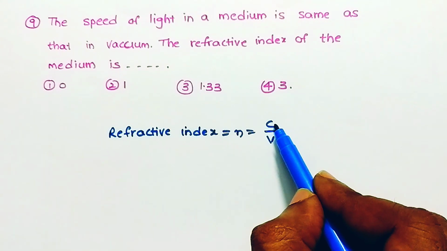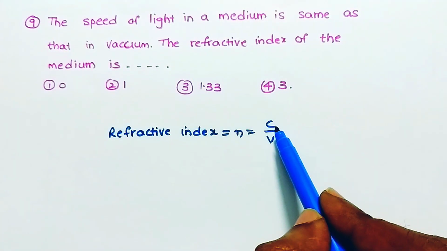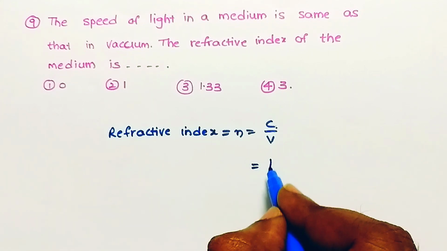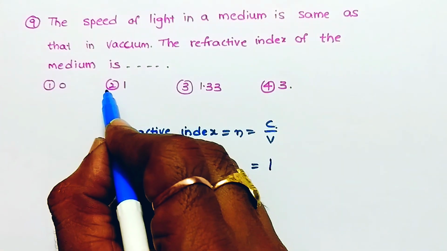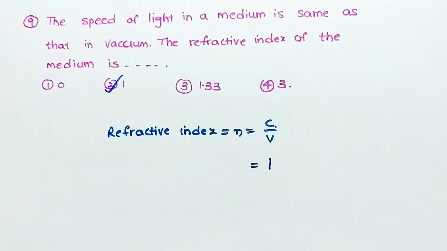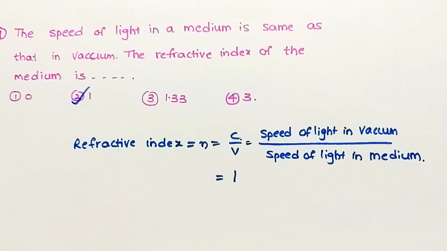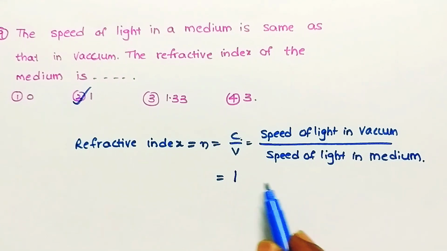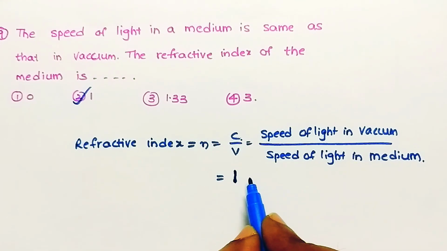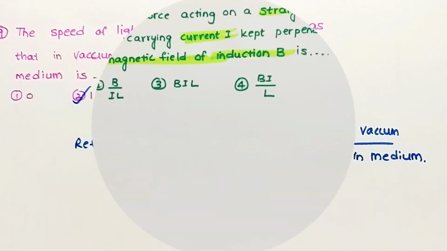So here the speed of light in vacuum and medium is the same, so hence this is equal to 1 and the answer is 1. Why? Because c is equal to v here. Refractive index has no units, so here the value is 1 only.